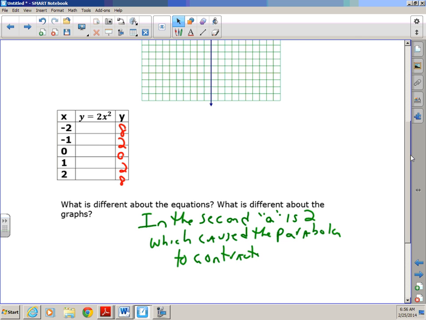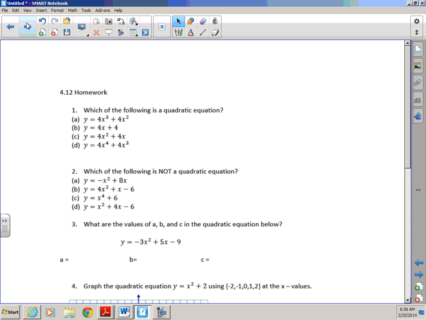What do you think would happen if I multiply by 1/2? Hopefully you would then realize that the parabola would expand. A little bit counterintuitive to what you've seen with dilations, but that's because of the way the math works with the numbers. Okay?